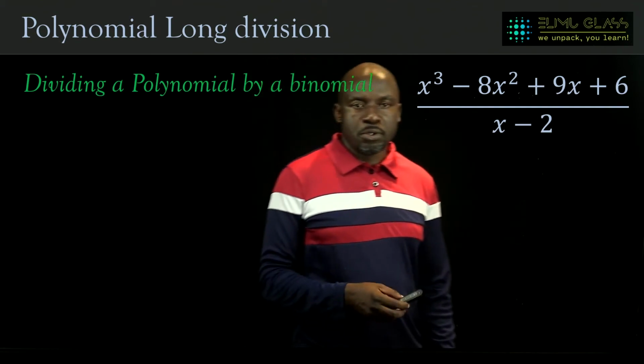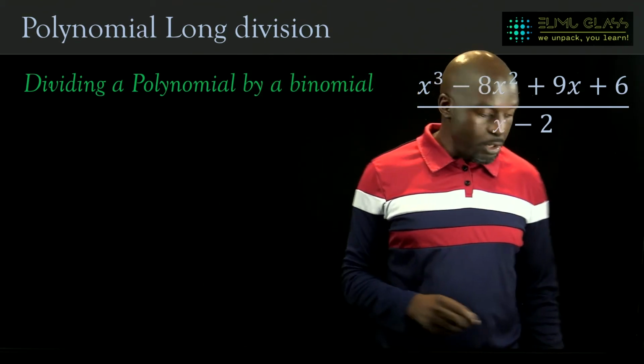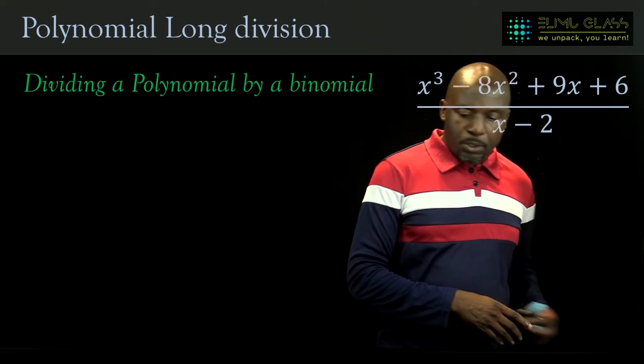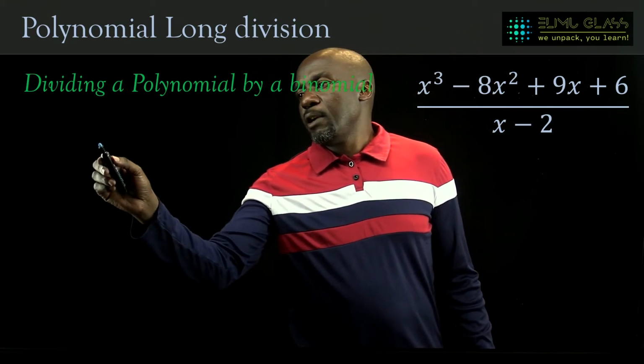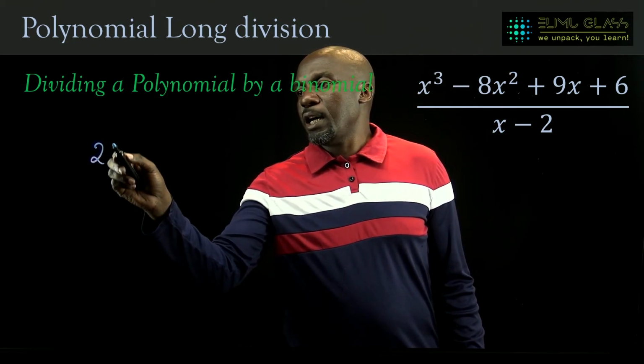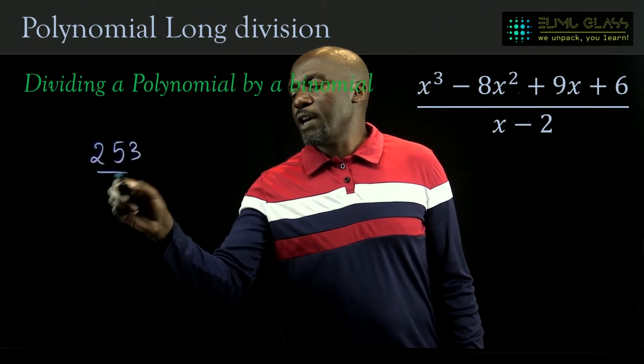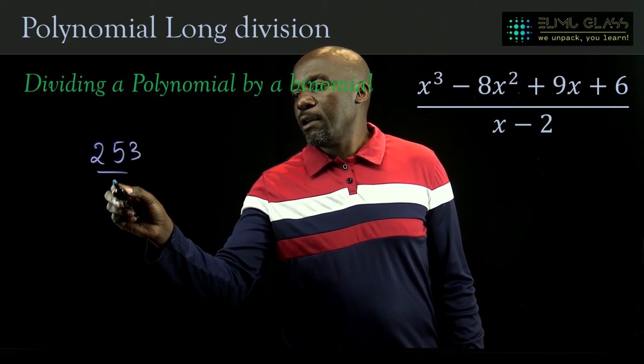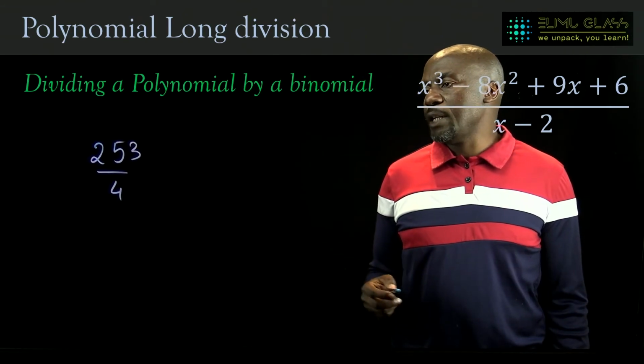So we are going to use the method that we use with regular numbers. If somebody says divide 253 by, let's say, 4, what do we normally do?